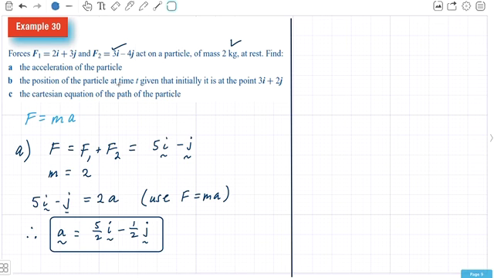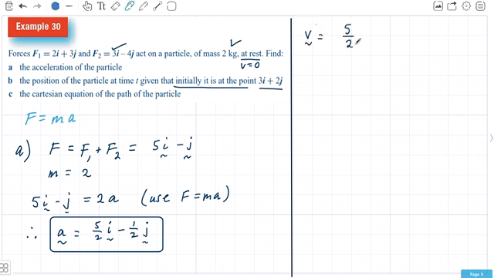Now we're asked to find the position of the particle at time t, given that it is initially at this point. Okay, and we'd assume here it's a particle that's at rest. So that means that initially v equals 0. Okay, so we can first of all integrate here. We know that the velocity vector is going to be the integral of the i and j components.